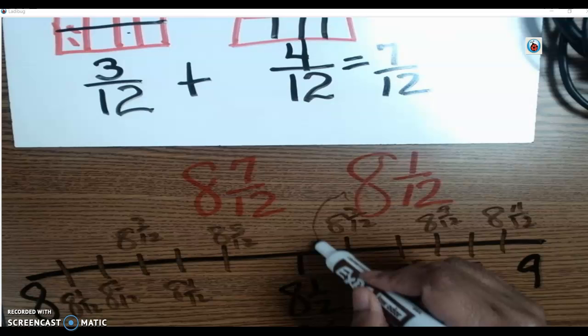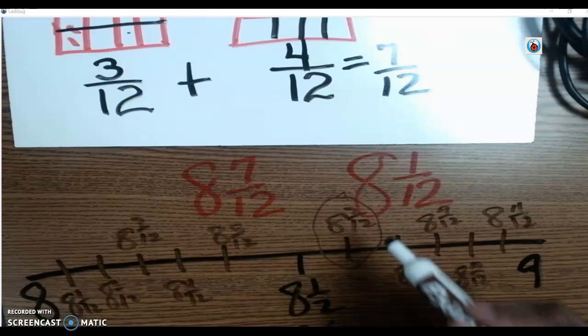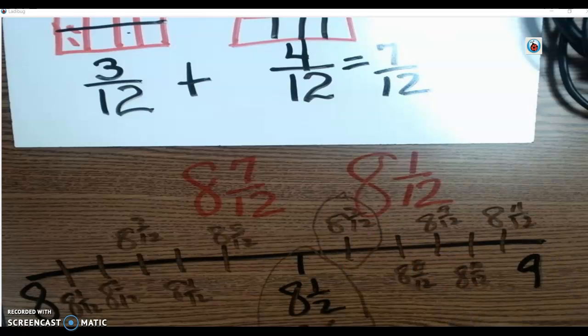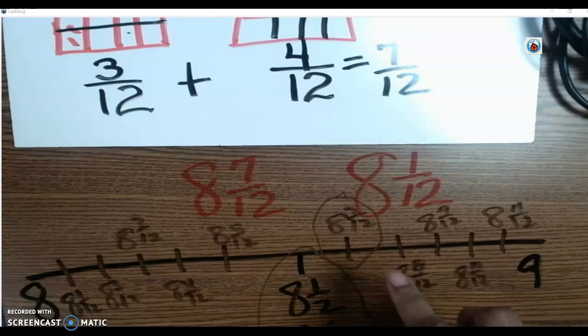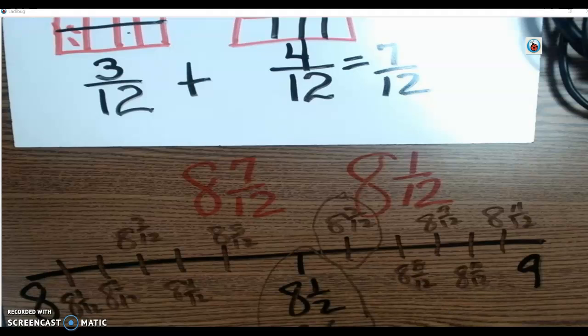So here is 8 and 7 twelfths, and here is 8 and 1/2, or 8 and 6 twelfths. When I look at these numbers, I notice that the half mark is equal to 8 and 6 twelfths. So I do have enough rice if Mason and Miles combine their rice for their rice project.